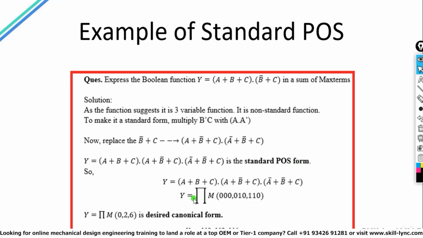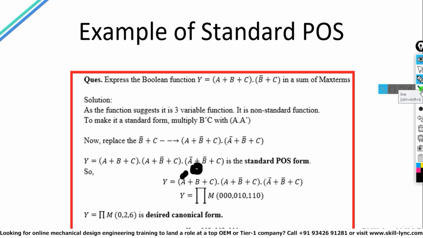So y equals, now we are writing in canonical form. So y equals pi capital M. We are writing this standard function in canonical form. Okay, to write the standard function in canonical form, you will just write the values in binary format. Just like this, because A is there, it will be 0.